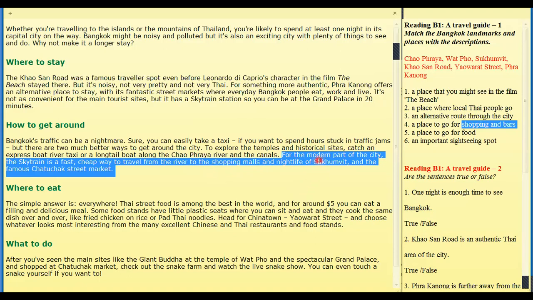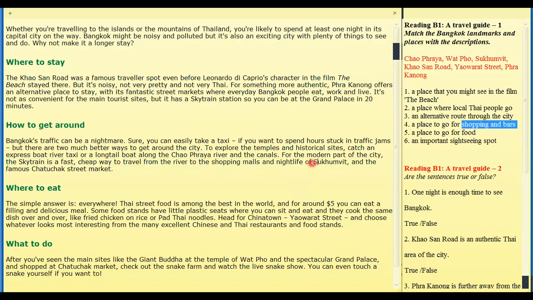So the answer for question 4 is here. Sukhumvit. Because at Sukhumvit, you can go for shopping mall and nightlife. So the answer for question 4 is Sukhumvit over here. So now go to question 5. A place to go for food.